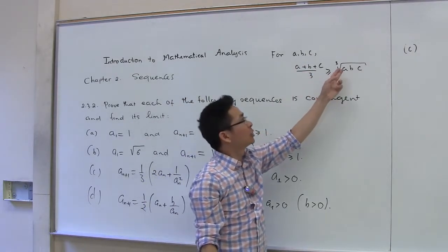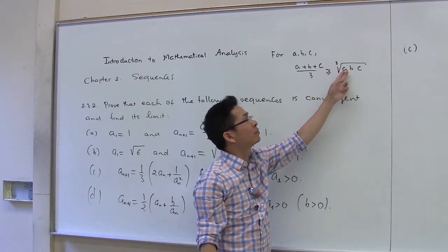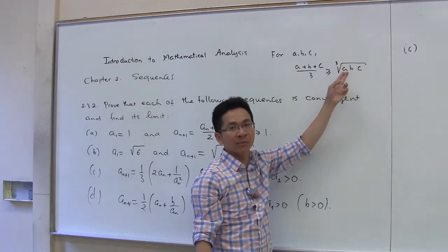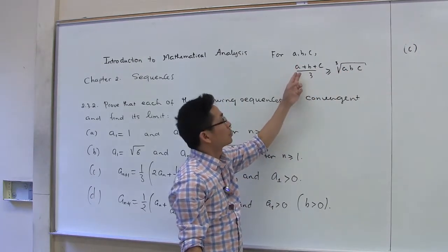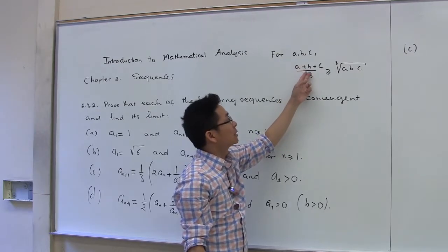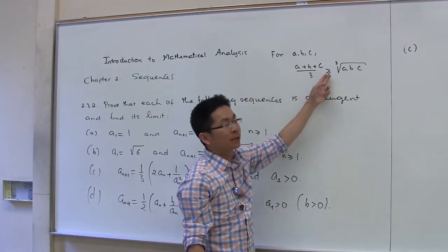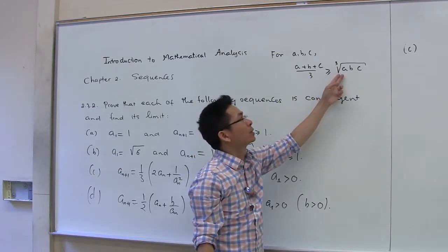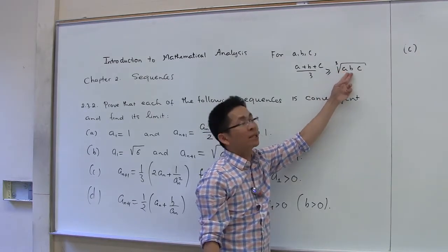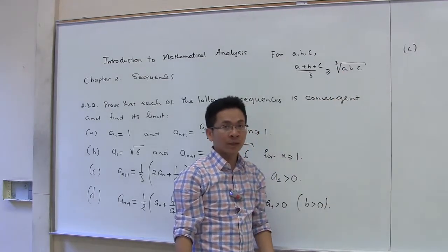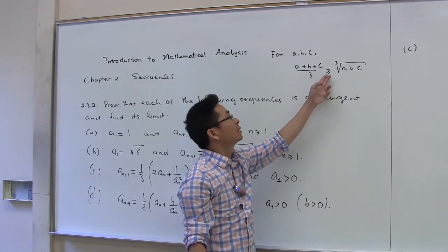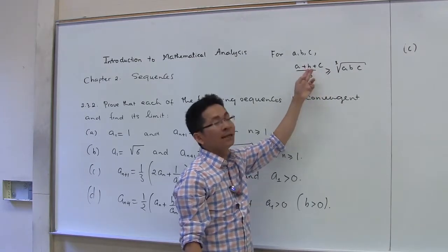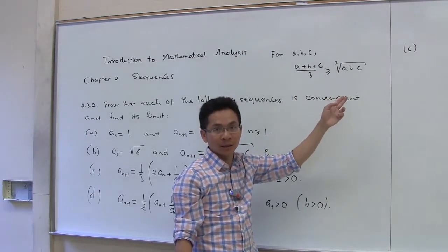And this is the geometric mean of three non-negative numbers. So the conclusion is the mean of these numbers is always greater than or equal to the geometric mean of the numbers. And the equality holds when A is equal to B and is equal to C.